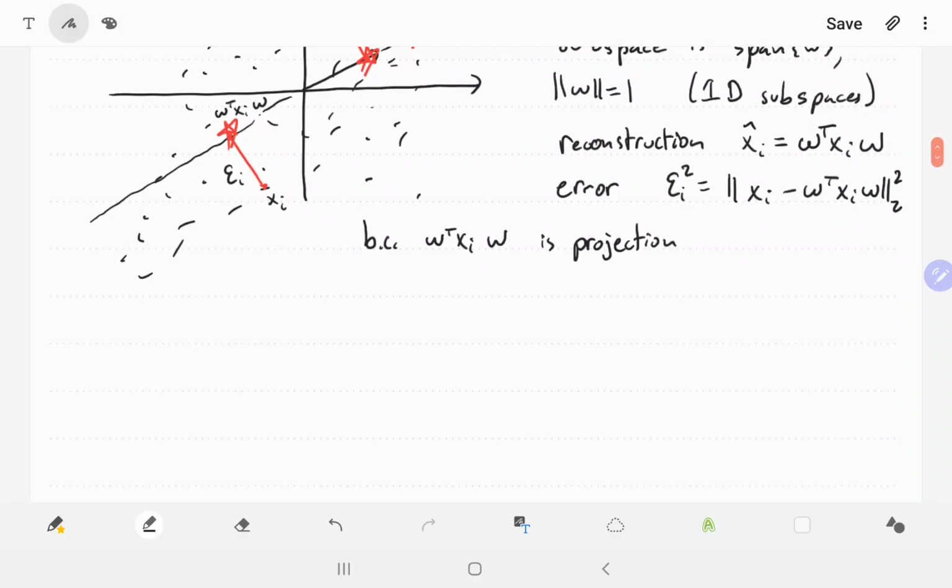Let's start with epsilon i squared and evaluate what it is. Let's just expand this out. Actually, let's first note that this is a projection.